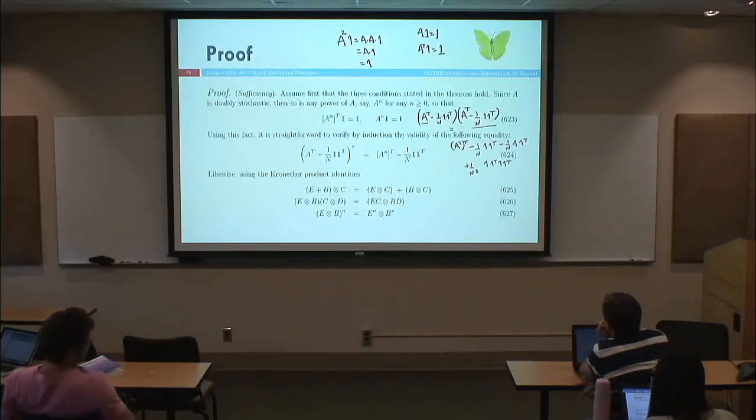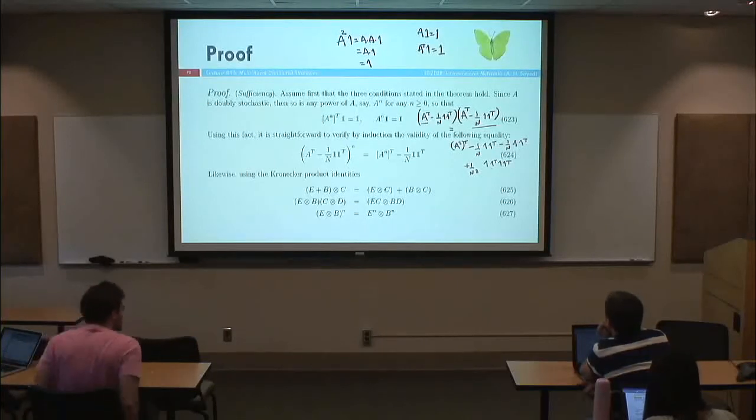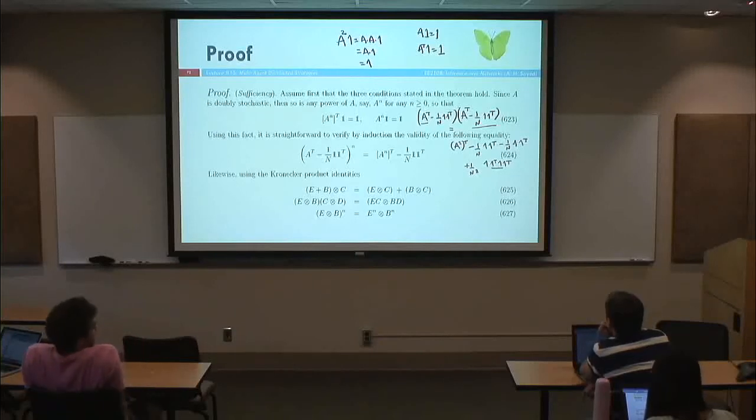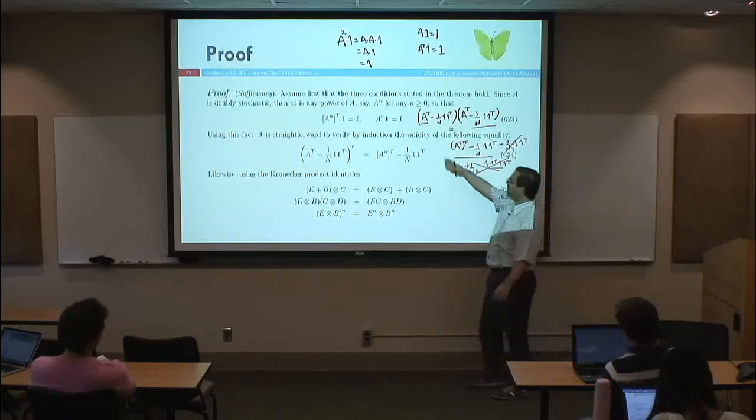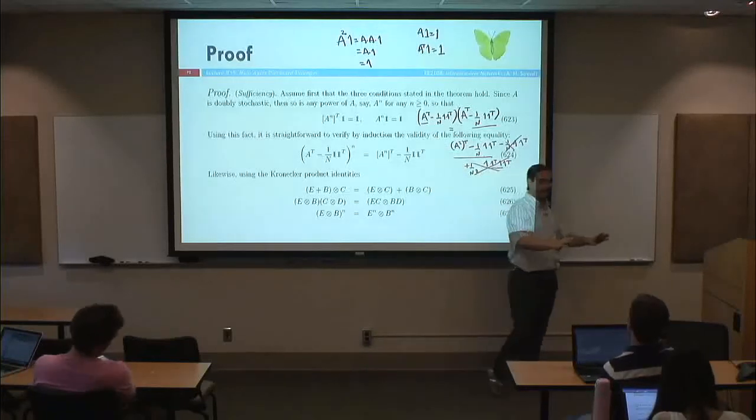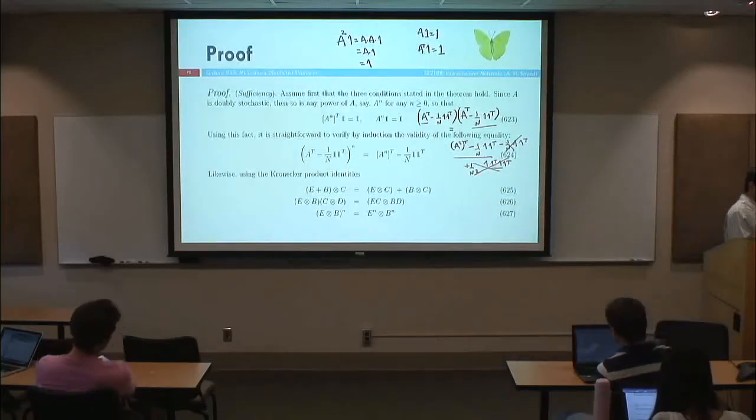Is this too fast for you? Now 1 transpose 1 is n, and cancels that n. So this term cancels one of these and you are back to that, right? So you can now prove it by induction. These are just linear algebra relations I will need for the argument. So I proved these two statements.